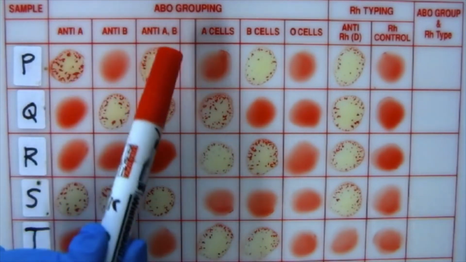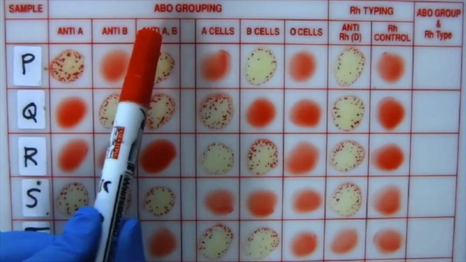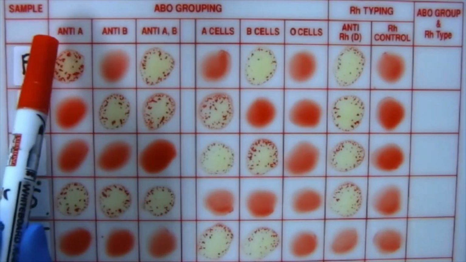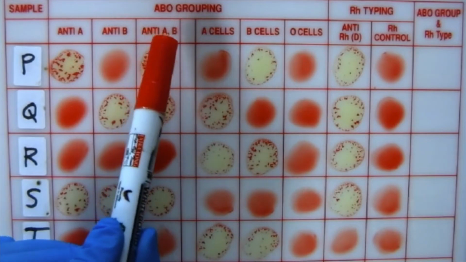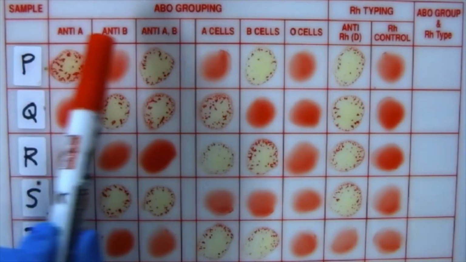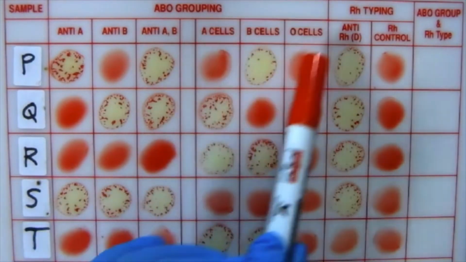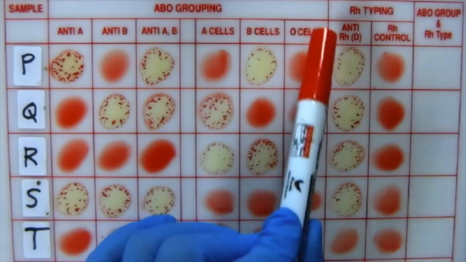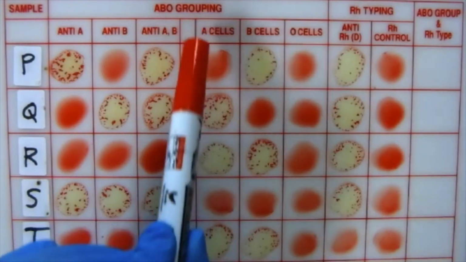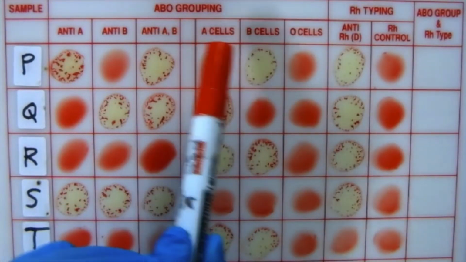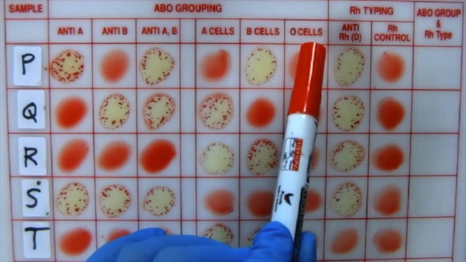This is the direct grouping section where we have your anti-A, anti-B, and anti-AB. Anti-AB is the mixture of anti-A and anti-B. In this section, we're going to look at the indirect blood grouping, where we have the A cell, B cell, and O cell.